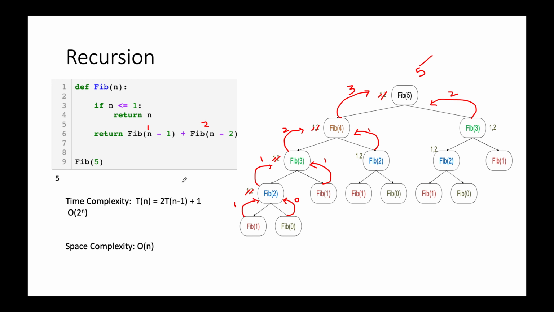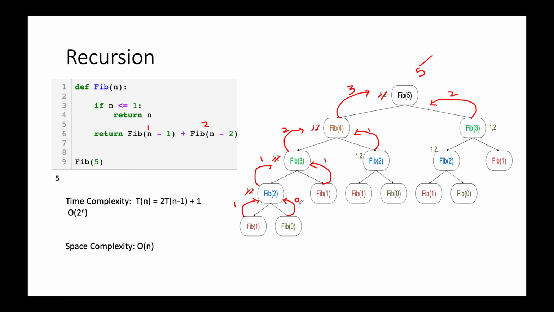When you solve this recurrence relation, you'll get 2 raised to power n. This is an exponential time complexity and it's very, very expensive, and we would like to reduce it. Space complexity is O of n. The space complexity of a recursion is defined by the maximum height of the tree, and you can see the maximum height is n. So space complexity is O of n.